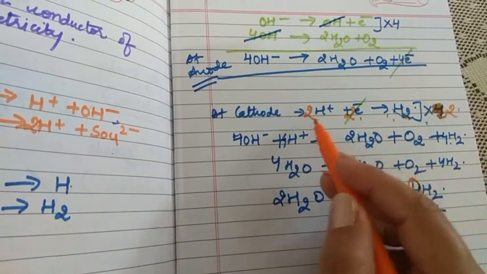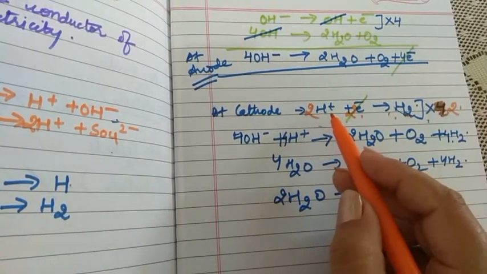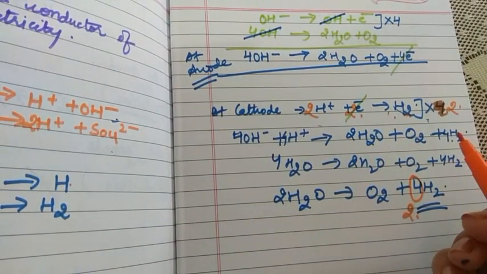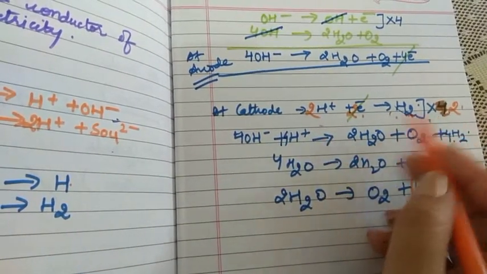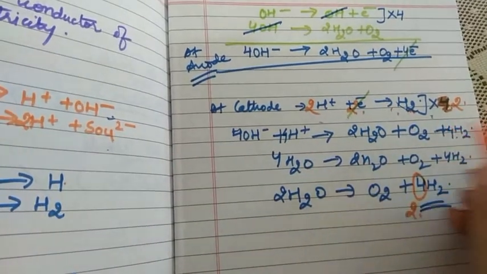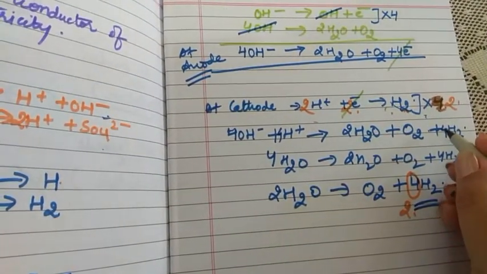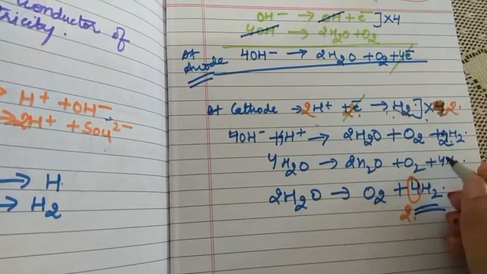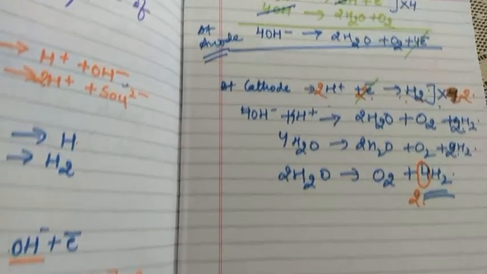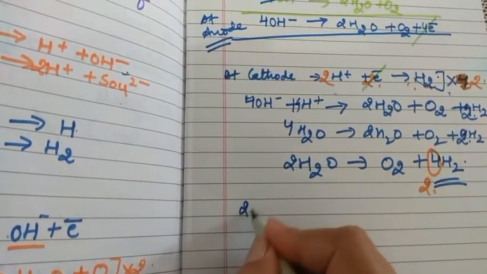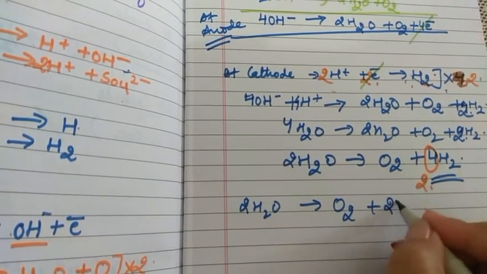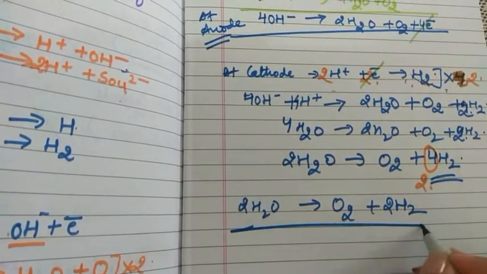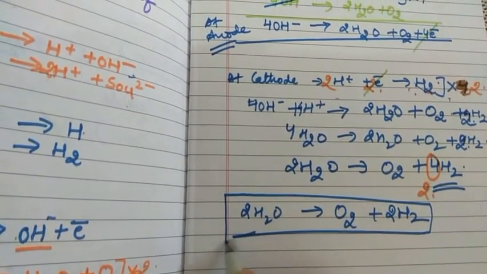So it will be 4H+, then 4 electrons, then 2H2. So sorry, please do this one. Here it will be 2. So here we will get 2H2O will give O2 plus 2H2. This is the overall reaction.